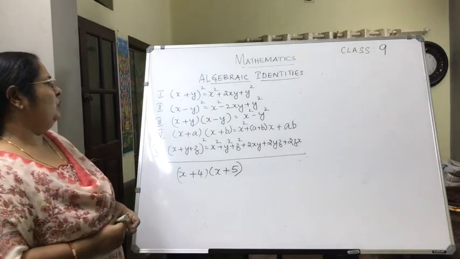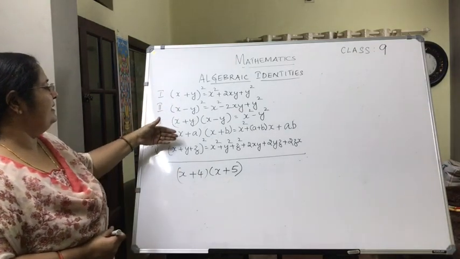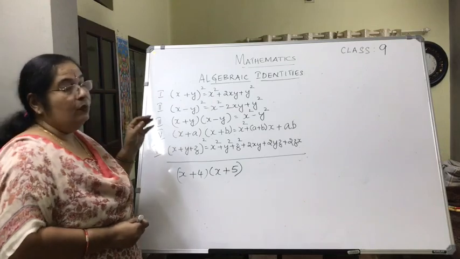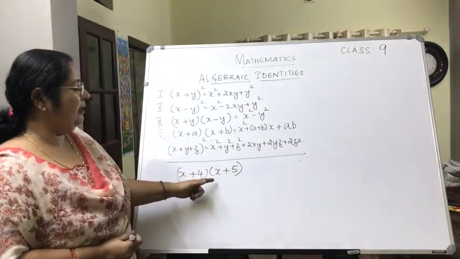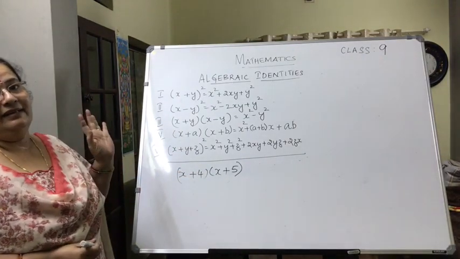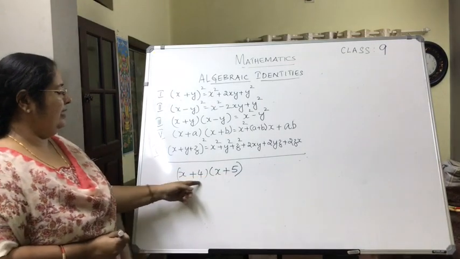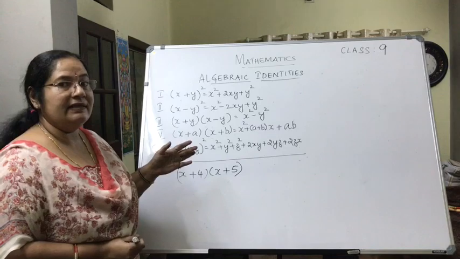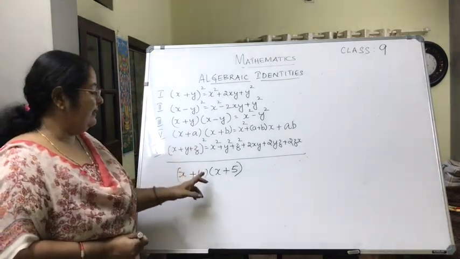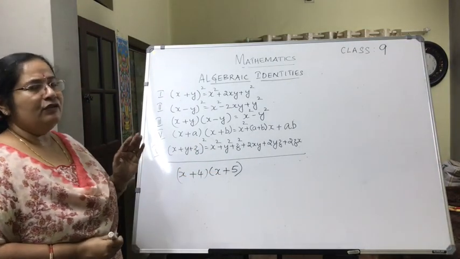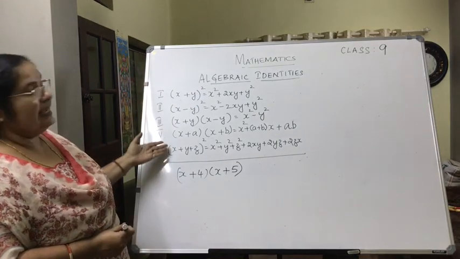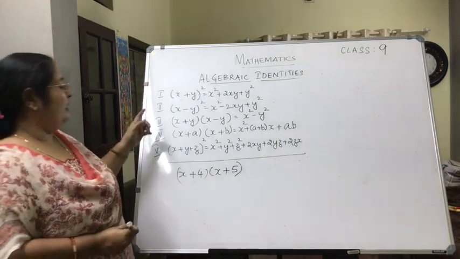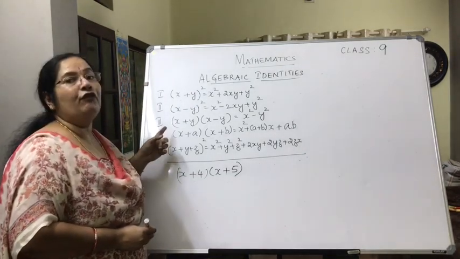Now you will be looking into these identities and find out which identity can be used here. Now see this one. Here the first terms of both these are the same, x itself. What is the difference? The second terms are different. So which identity among these can we use? We can use identity 4.